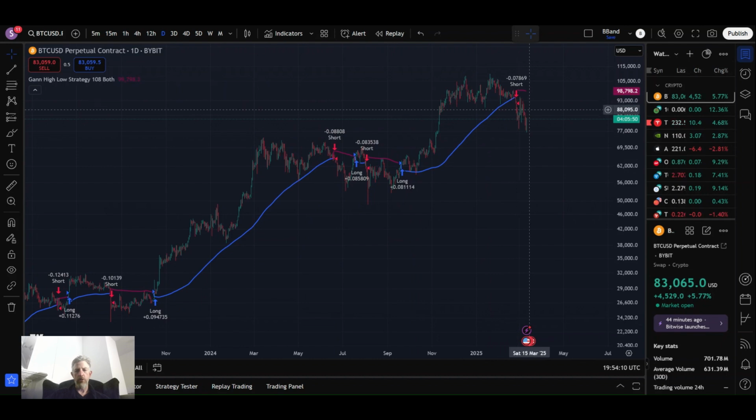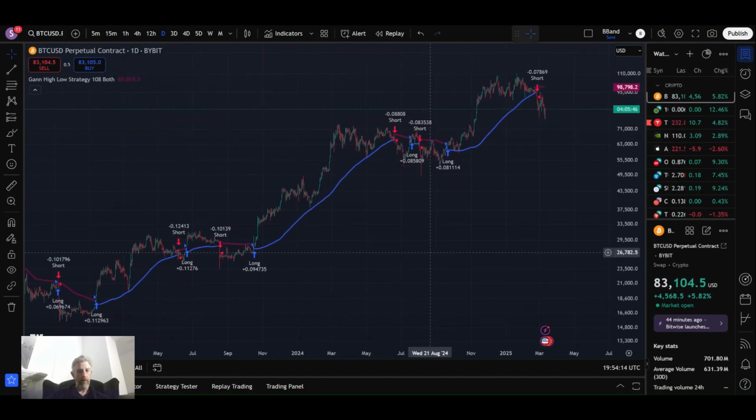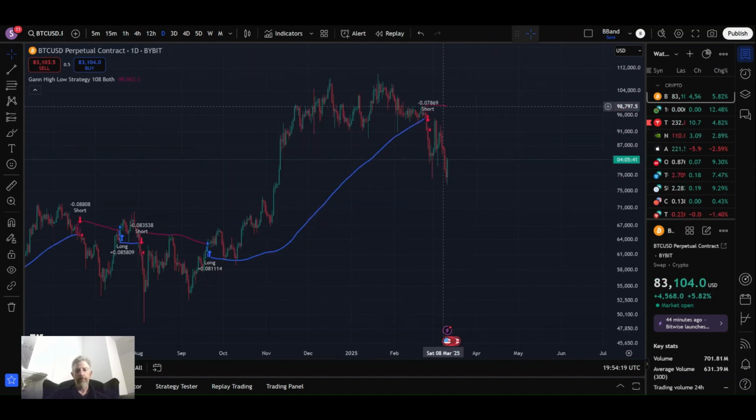I certainly wouldn't be shorting when my bull bear market is still in a bull, right? So I'm looking for my next long entry, which will come when this flicks blue, much like it did over here. That was the last long entry.